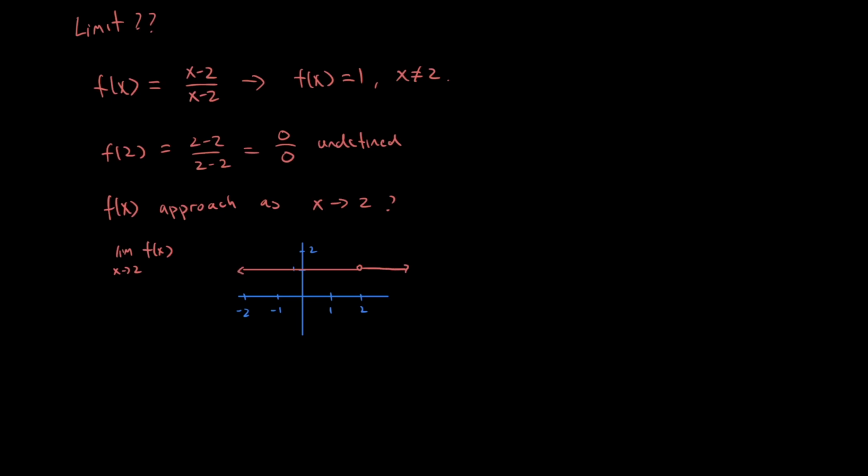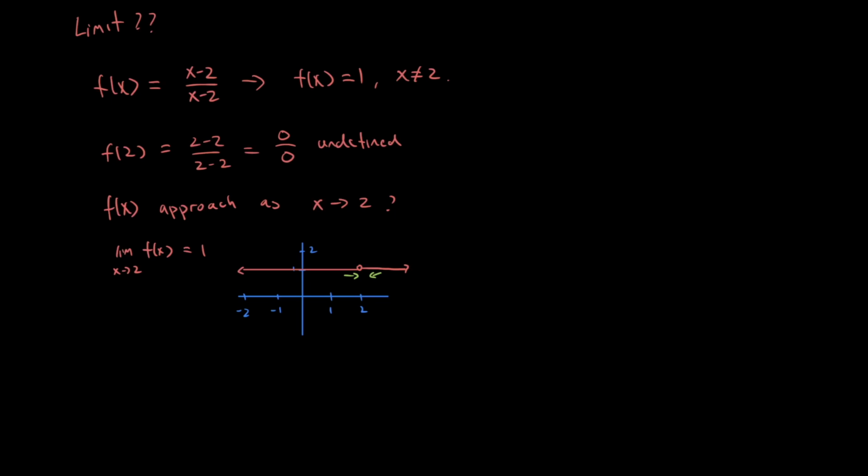And we see that we can't exactly evaluate f at 2, but we can see, hey, as we approach it from the left-hand side, f of x is equal to 1. As we approach x equals 2 from the right-hand side, f of x also approaches 1. So the answer to this question is the limit as x approaches 2 of f of x is equal to 1.